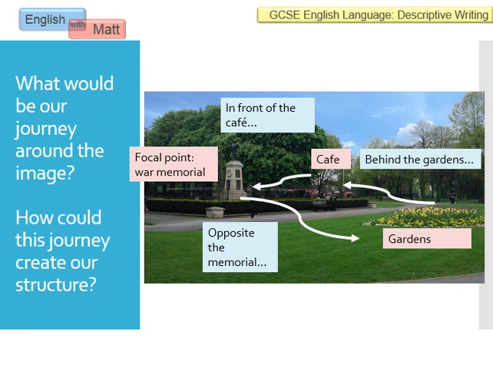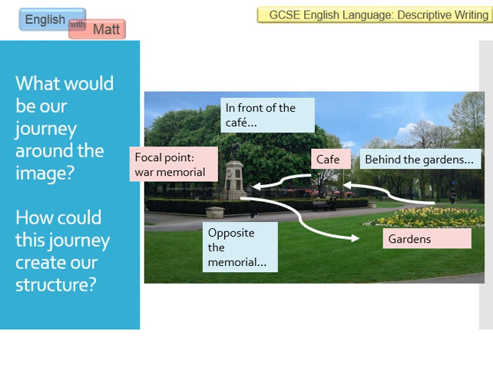As I move between those paragraphs, I'm using some prepositional phrases. So, opposite the memorial, the gardens. Behind the gardens, the cafe. In front of the cafe, the memorial. So you can see in those pink boxes there, in the kind of green boxes, I'm using some prepositions to link my paragraphs together, but also reinforce that I'm moving around the image in this fashion.